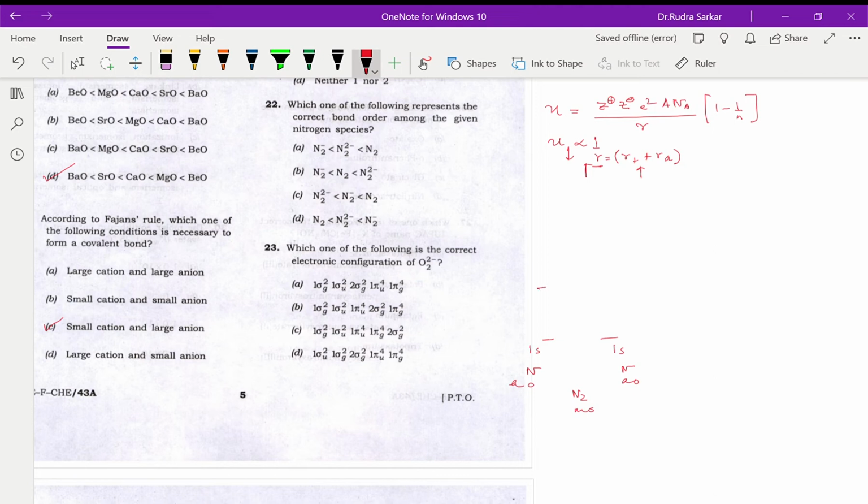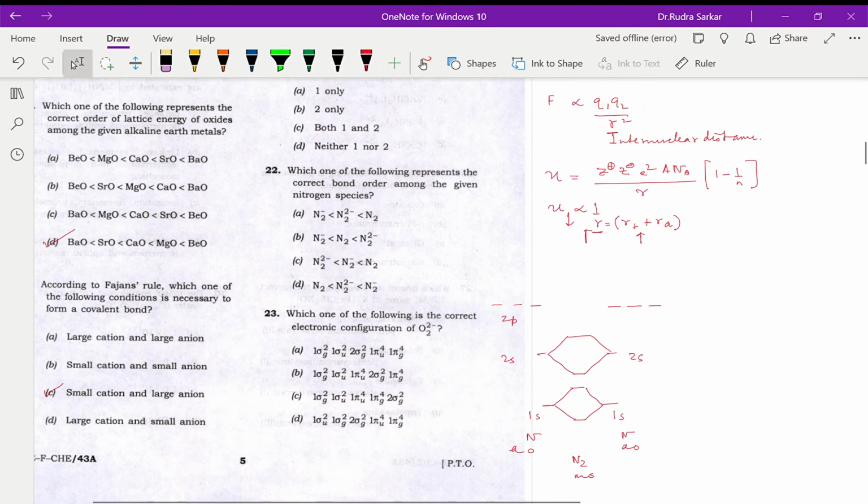Then we have the 2s and then the 2p orbitals. Both the 1s will combine with each other and form the bonding and anti-bonding orbitals. Below is the bonding orbital and above is the anti-bonding orbital. Similarly for 2s, this is the bonding and that is the anti-bonding.